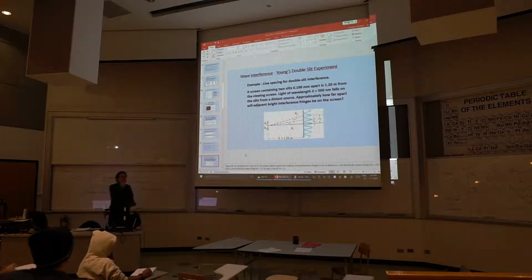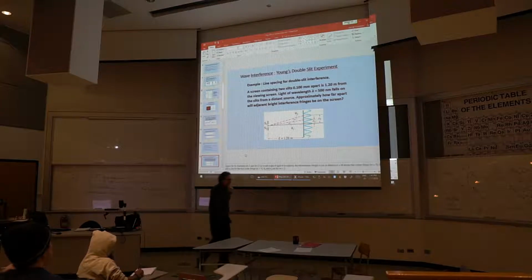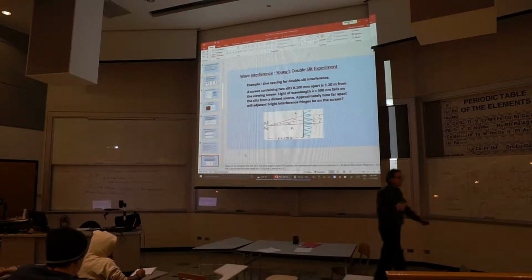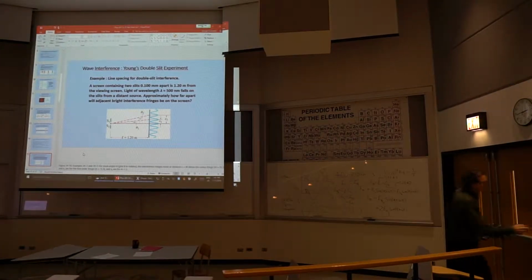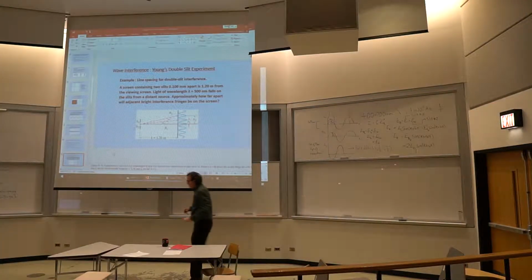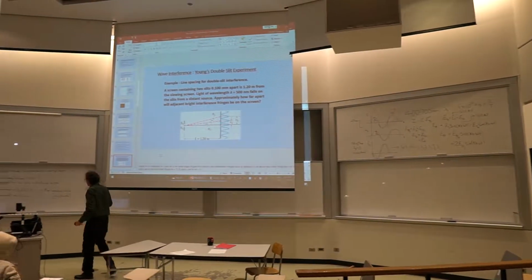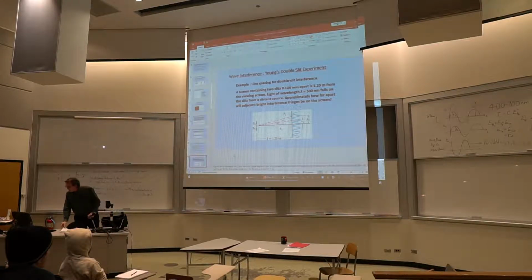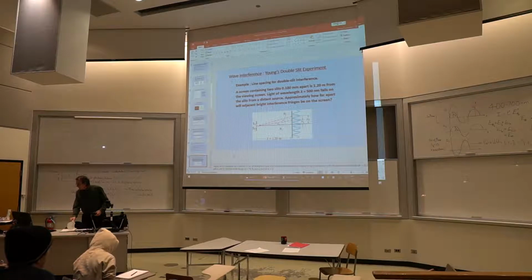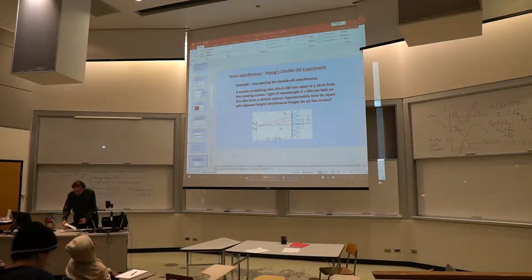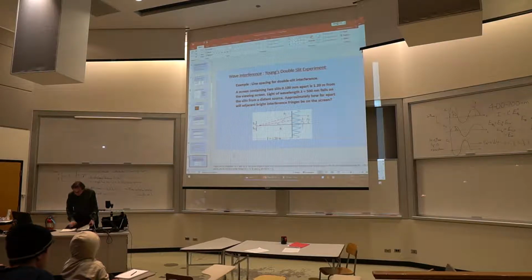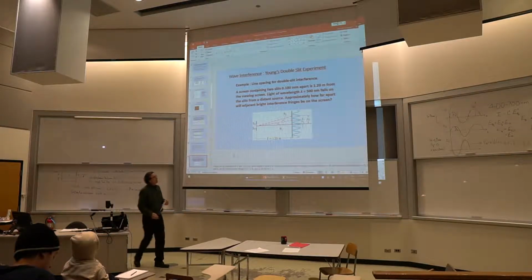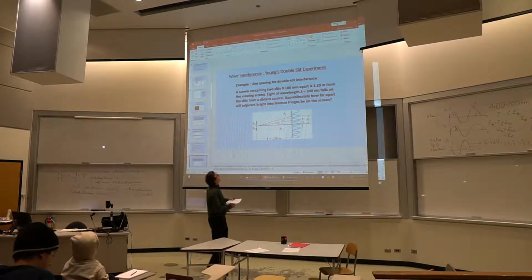Okay, so now we'll do an actual example. We have a double slit experiment that we want to analyze for the locations of the maxima and the minima. Let's suppose we have a double slit experiment, and we want to calculate the distance between the intensity maxima on a distant screen. In this example we're given some information.